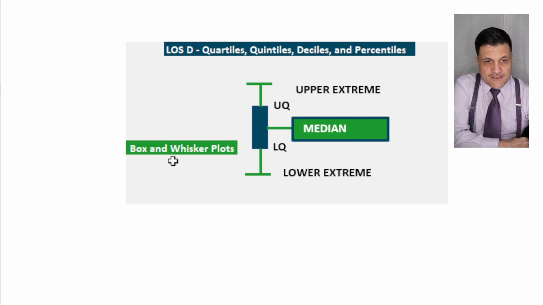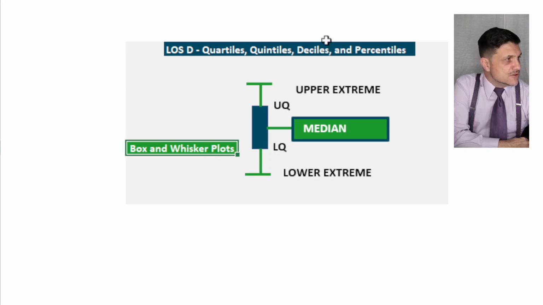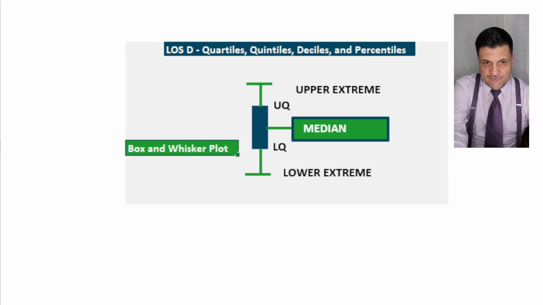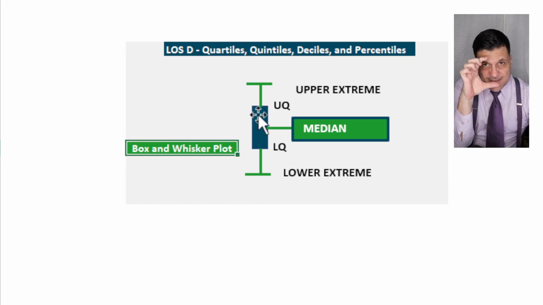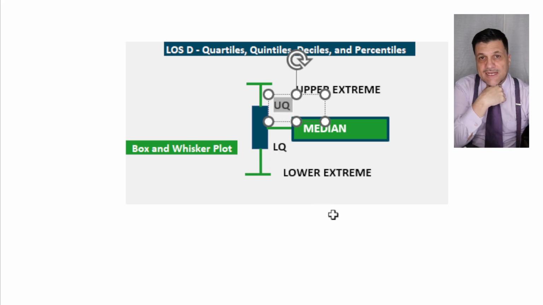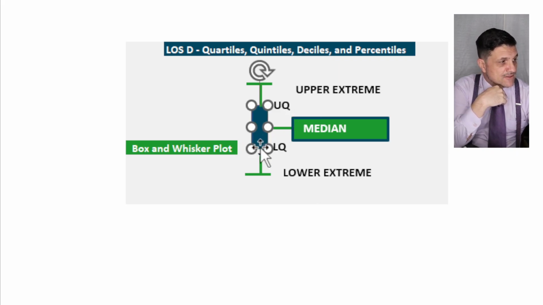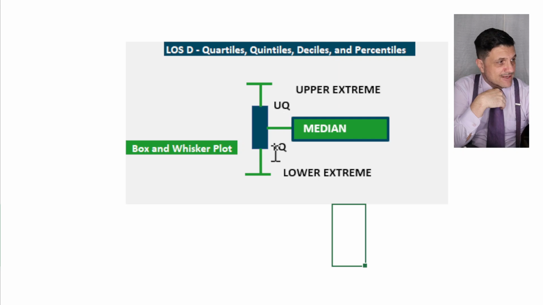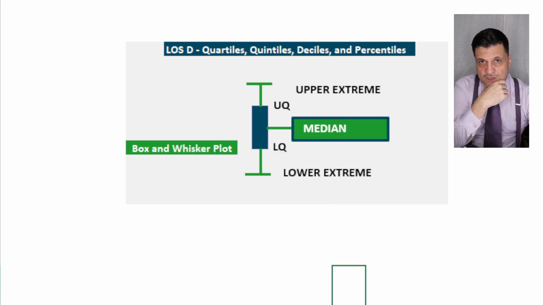This is called the box and whisker plot, okay? It should be singular here, because I only have one. Right, the box and whisker plot. So what is it? You're going to get this little area here, this rectangle in blue, okay? The top of the rectangle is the upper quartile. Look at that. And the bottom of the rectangle, you're going to have a number there, is the lower quartile. The difference between the upper quartile and the lower quartile is called the interquartile range.